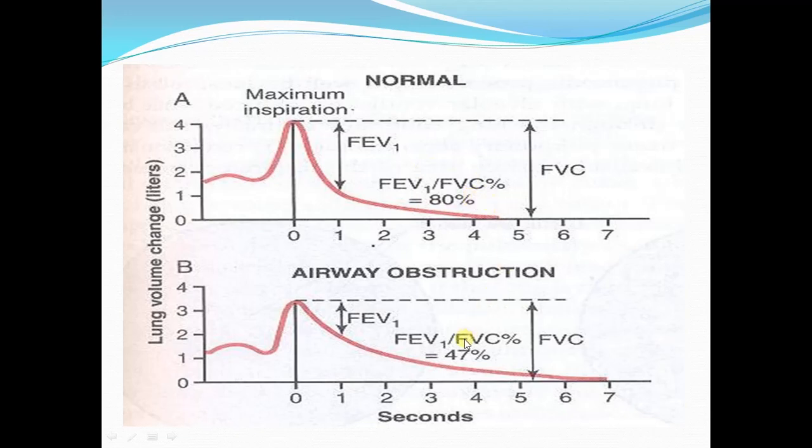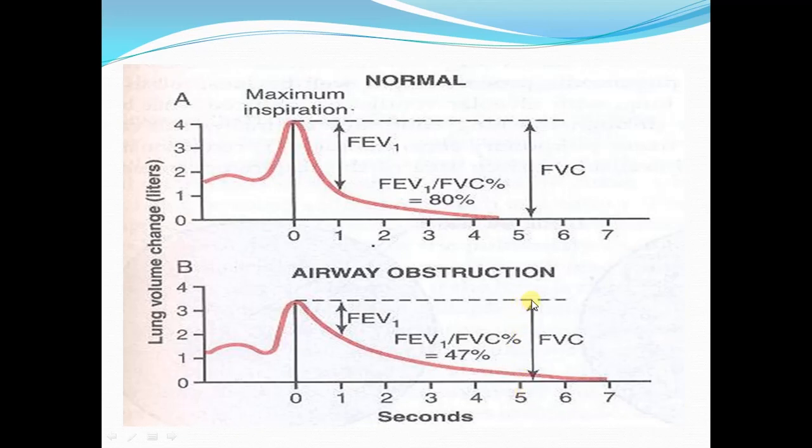Now we will see what happens when there is an airway obstruction. When there is airway obstruction, there is a problem with the expiration. We can see that total forced vital capacity is almost normal.